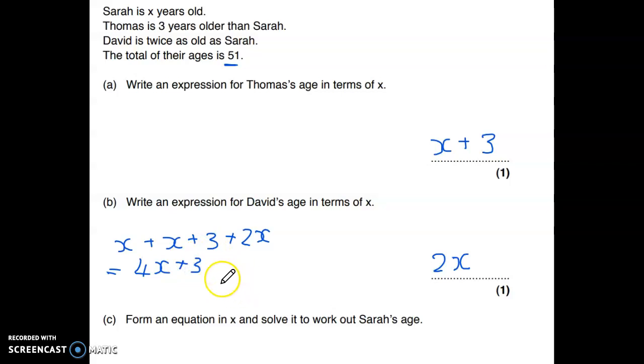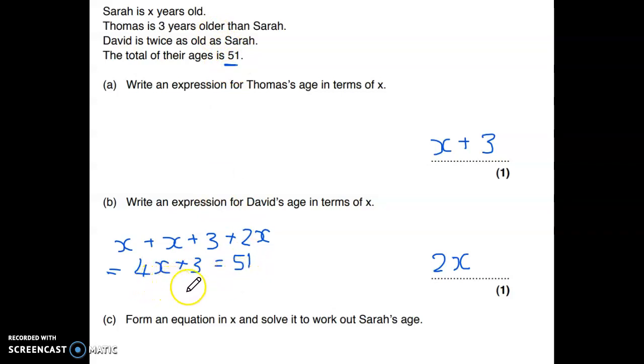So we end up with 4X plus 3 as the total of their ages. We know that 4X plus 3 is equal to 51. So we can write that in. And now we need to solve this equation.